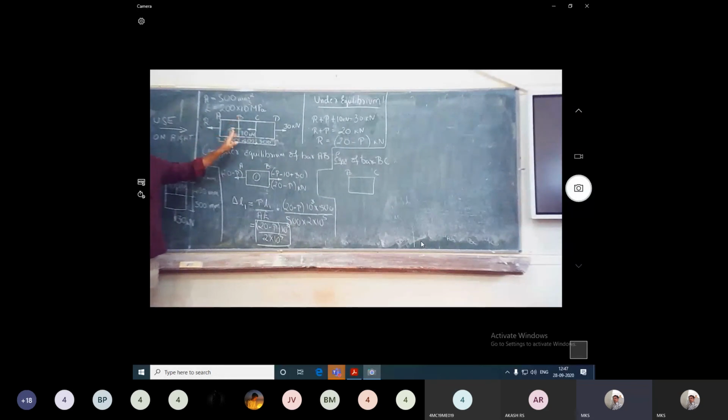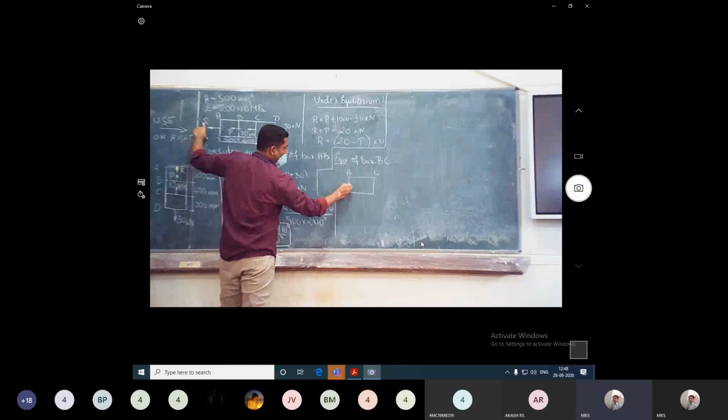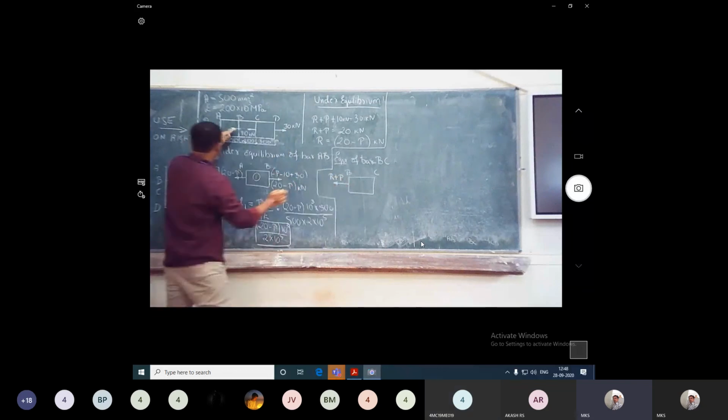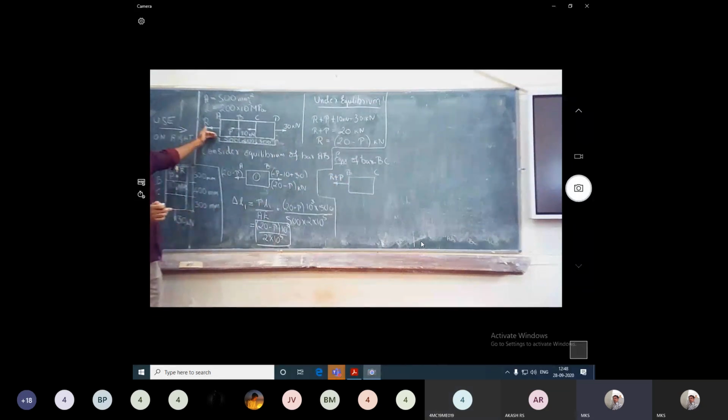To the left of B, there is P, which is going outwards, so it is tensile. Then to the left of B there is R, which is acting at point B, right? So that is also going away. So it is R plus P, right? Correct? So it is R plus P. It is tensile, because both are going outwards, right?